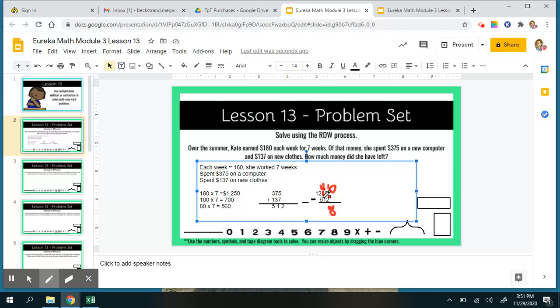And then we've got 5 minus 1, going to give us 4. 2 minus 5, we're going to have to borrow. So that 2 is going to become a 12. We have 12 minus 5. 12 minus 5 is going to give us 7. So that's how much she had left: 748.